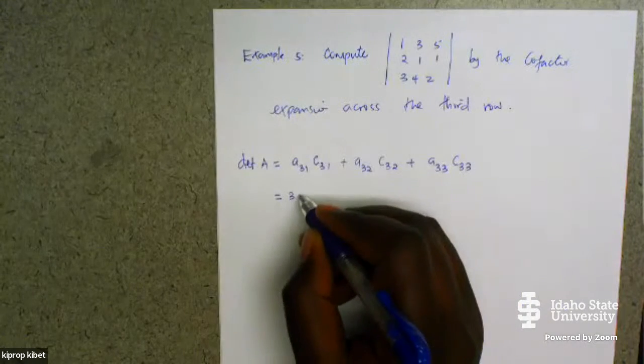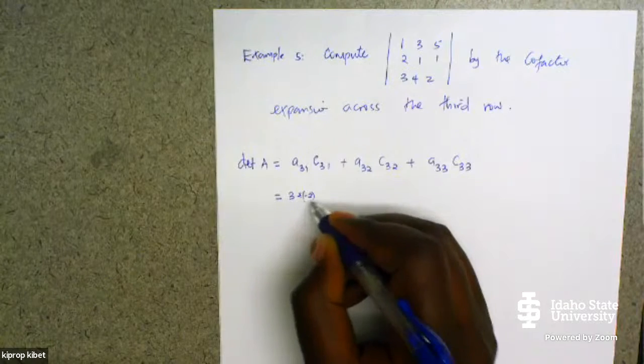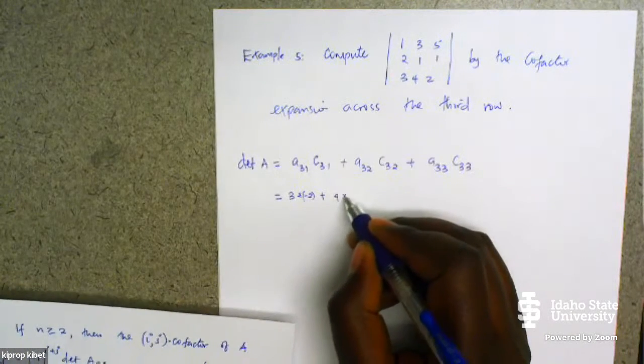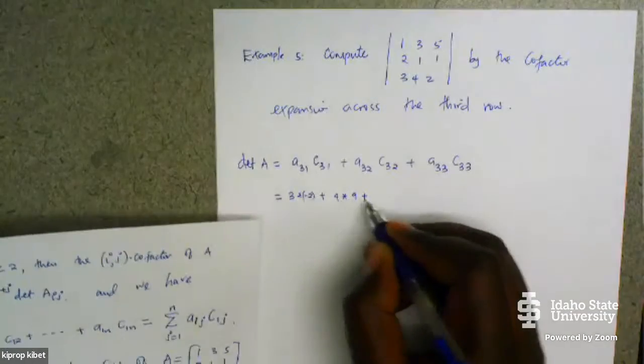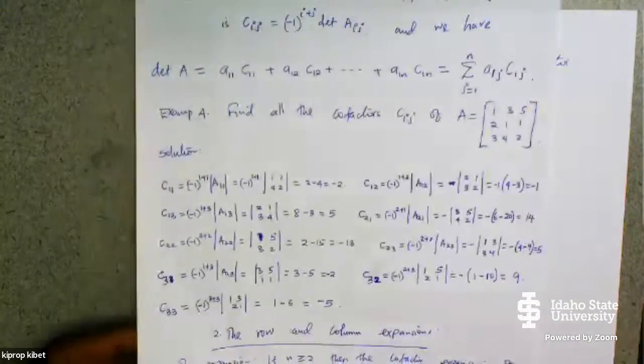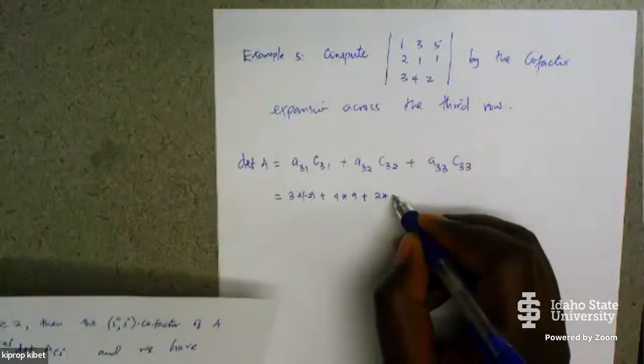So it is multiplied by -2, plus a_32, which is 4, multiplied by C_32, which is 9, plus 2 multiplied by C_33, which is -5.